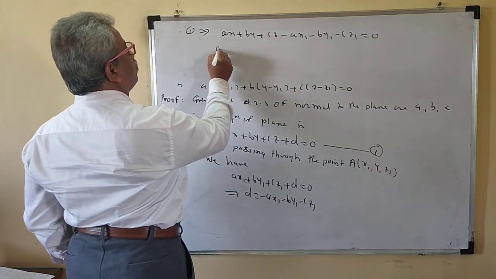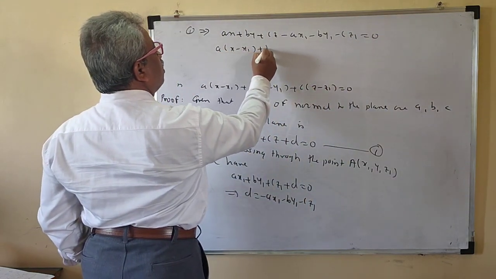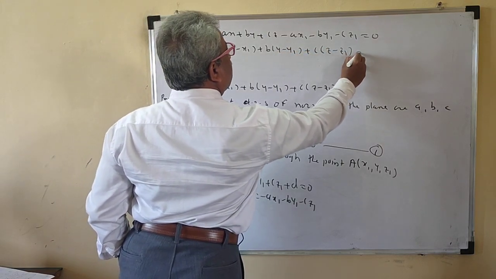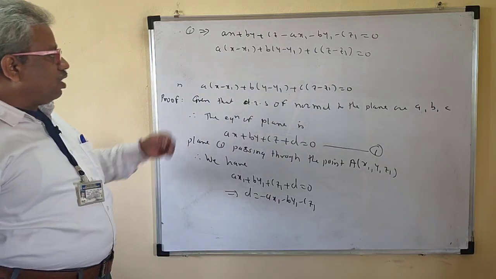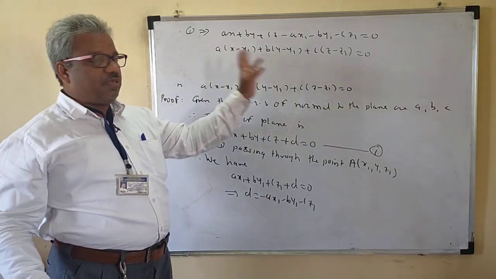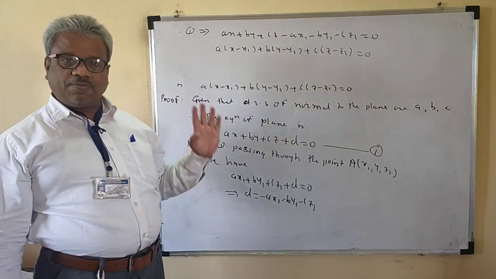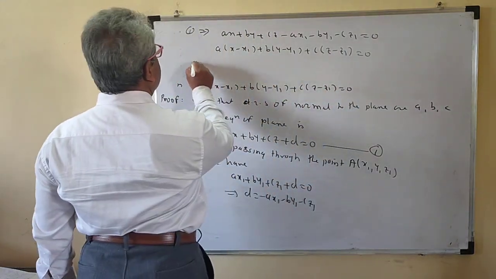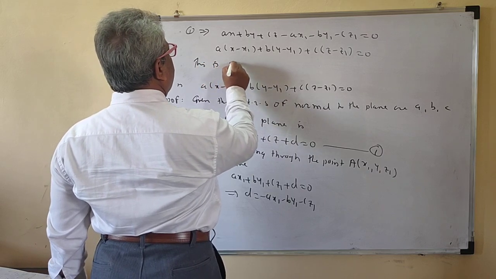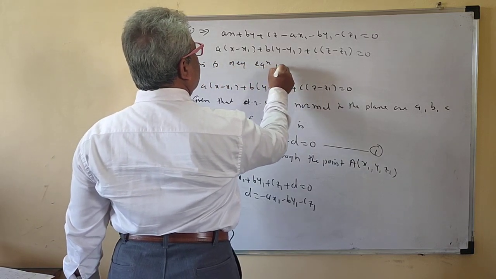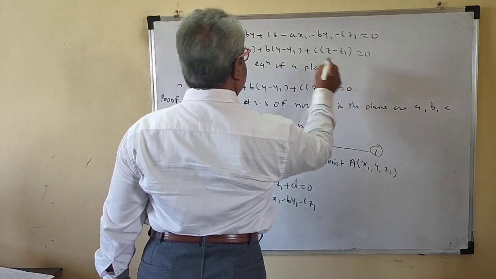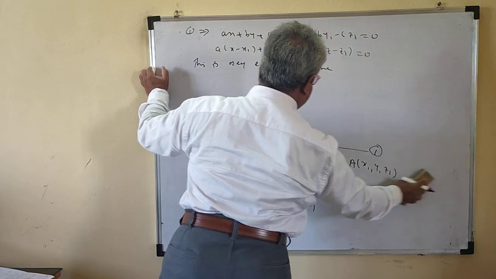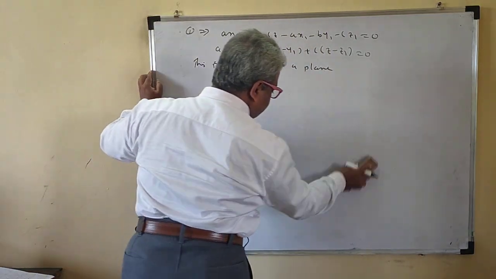So a(x minus x1) plus b(y minus y1) plus c(z minus z1) is equal to 0. If x1, y1, z1 are given and a, b, c are not given, then we have to find the values of a, b, c. This is the required equation of a plane, and it is called the one-point form of the equation of the plane.